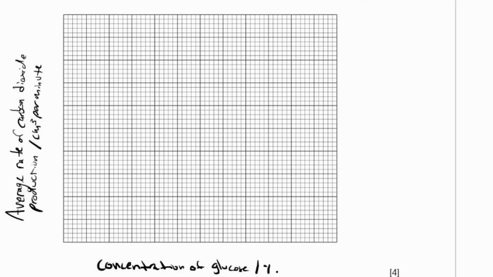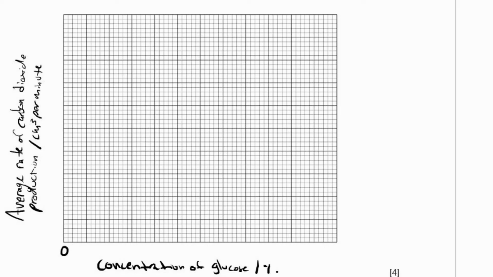Okay, so the independent variable is on the x-axis, that's the thing you change, and you are changing the concentration of glucose, and the units are percent. So concentration of glucose in percent. And on the y-axis, you're measuring the average rate of carbon dioxide production in centimeters cubed per minute. And as we said earlier, for the concentration of glucose, we need to go from 0 to 3.